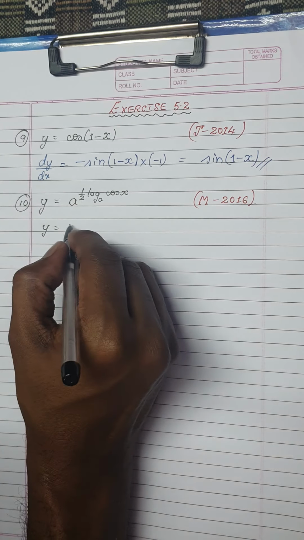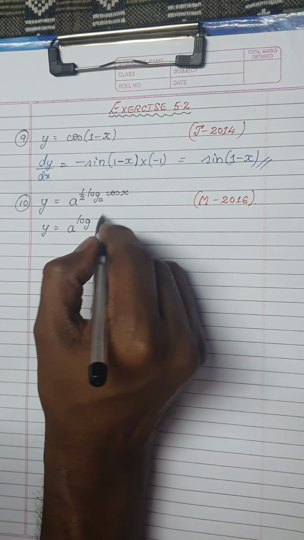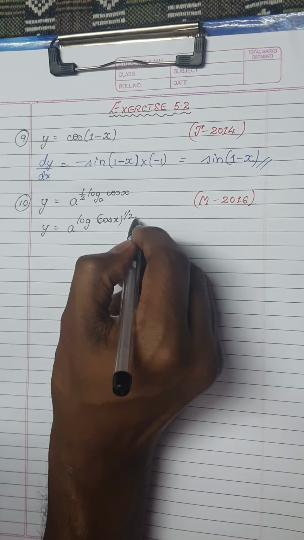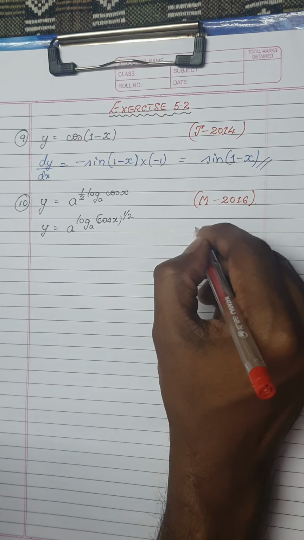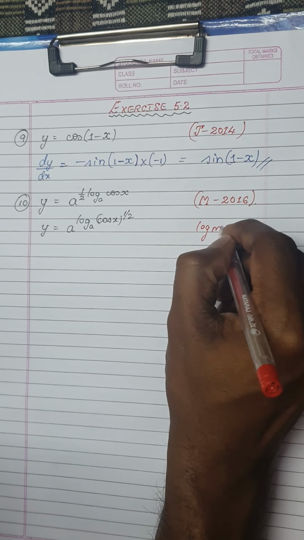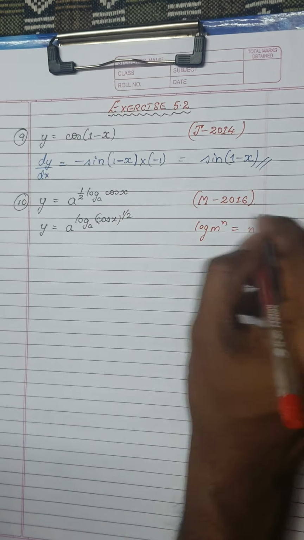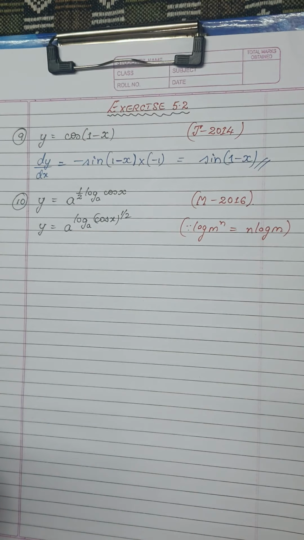Now I am going to write this as a power of log of cos x power half to the base a. I am using this rule, log of m power n is nothing but n log m. This is the property of logarithms, so I am using this property.